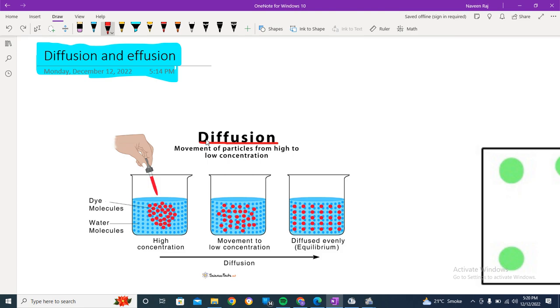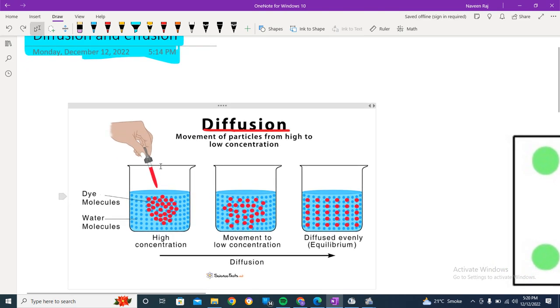Here is a simple definition written in the diagram as well: movement of particles from a region of higher concentration to a region of low concentration. This is a universal law that everything will move from a region of higher concentration to a region of lower concentration under ordinary conditions.